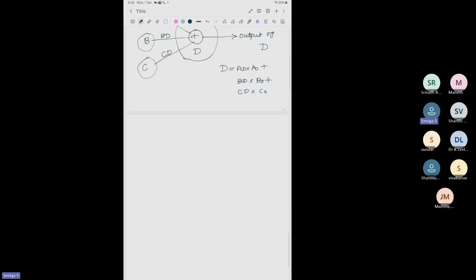So now let us understand the overall view of back propagation. What is our goal? Our goal is to reduce the overall error for a sample by adjusting the network weights.